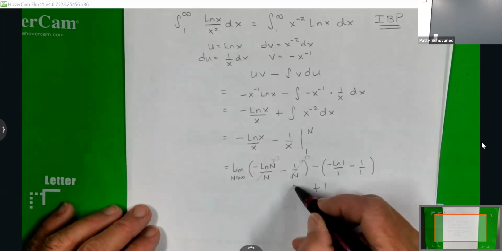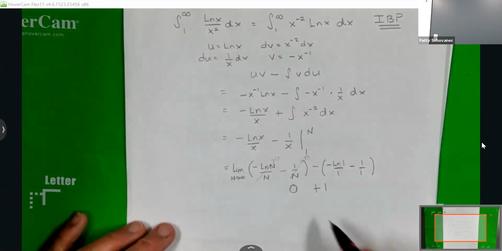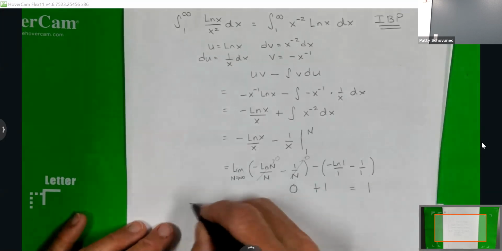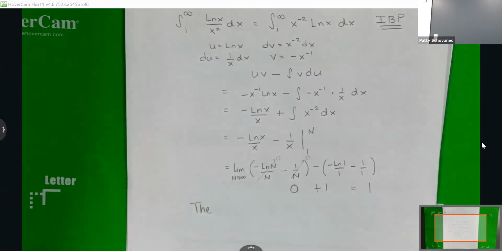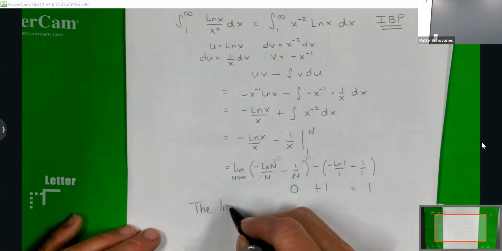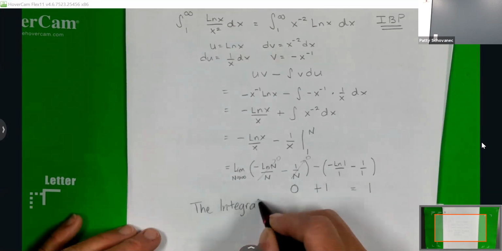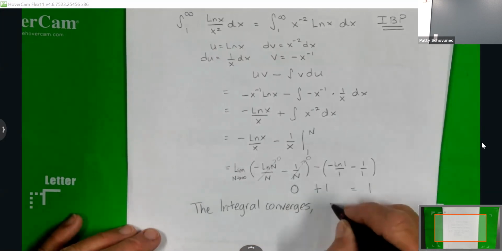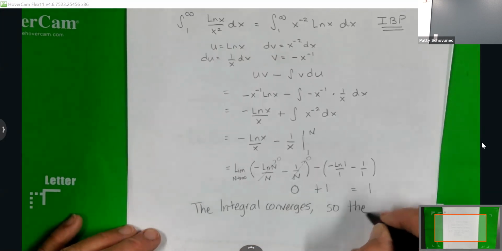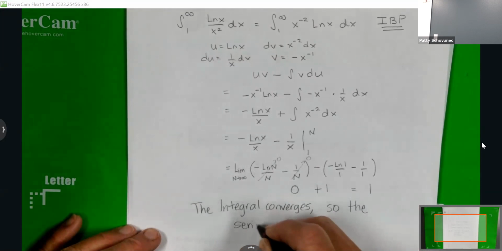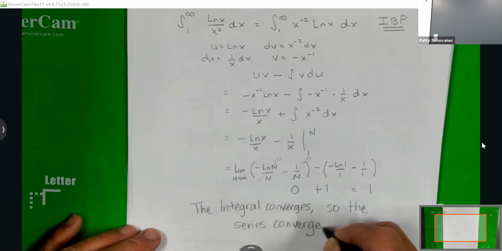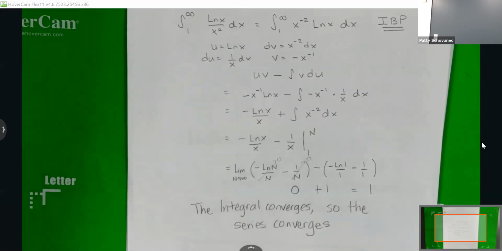So all that stuff in the parentheses goes to 0. I got that the integral converges. So I make my grand statement, the integral converges, so the series converges as well.